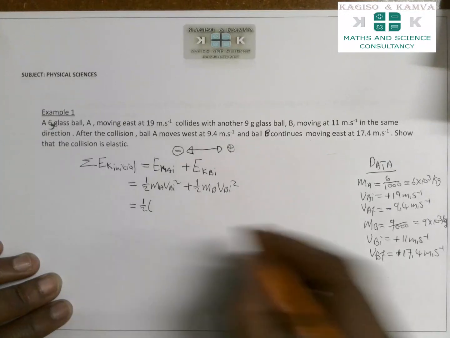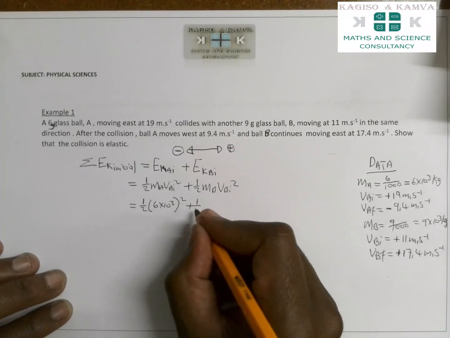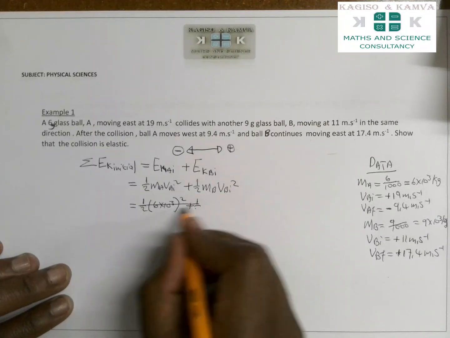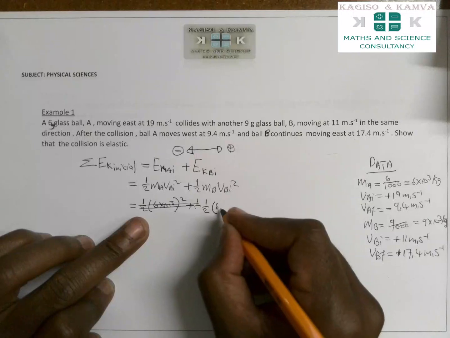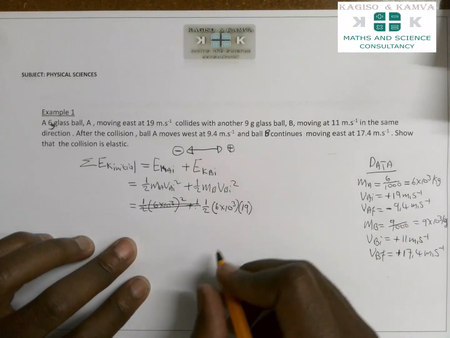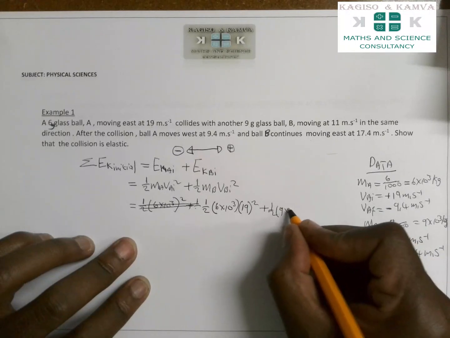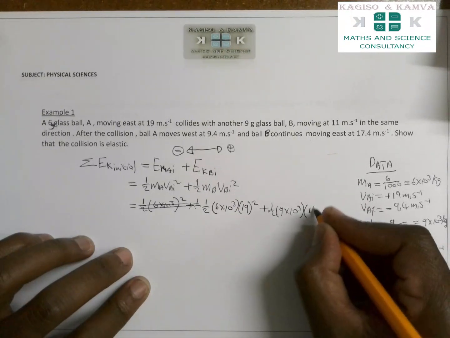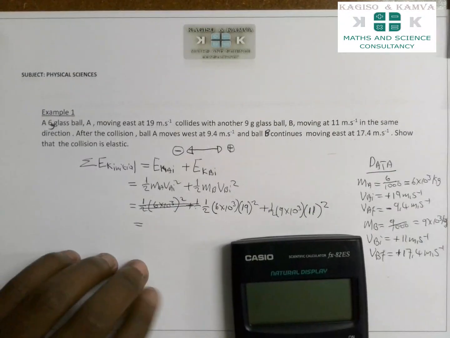For A it's half, 6 times 10 to the power 3, velocity initial, that is 19 squared, plus half the mass of B, 9 times 10 to the power 3, and then velocity B initial, that is 11 squared.